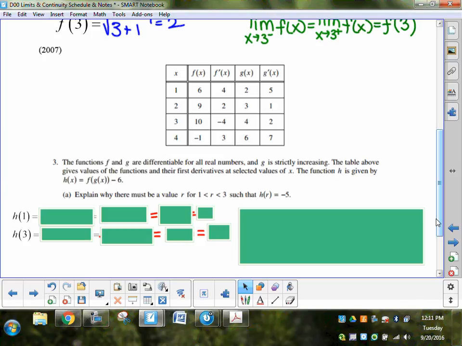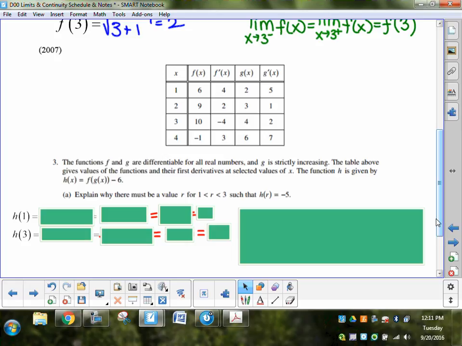The functions f and g are differentiable, which means you can take the derivative, which means it's continuous. They are differentiable for all real numbers, and g is strictly increasing. The table above shows the values of the functions and their derivatives at select values of x. The function h of x is defined as f of g of x, then minus 6.